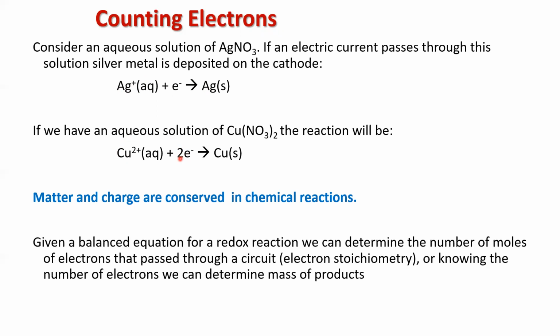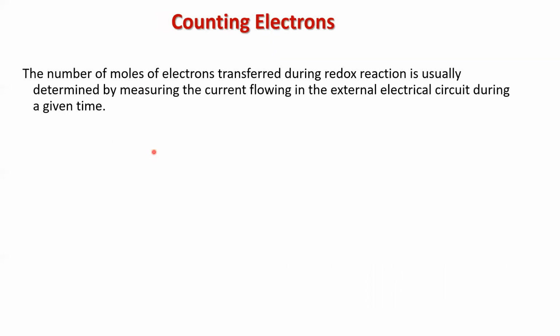Matter and charge are conserved in chemical reactions. And when we look at these balanced equations, we're going to be able to use the stoichiometry in those balanced equations to figure out how much metal we can plate out in our electroplating process. So the number of moles of electrons transferred during a redox reaction is determined by the flow of electrons in that external circuit.